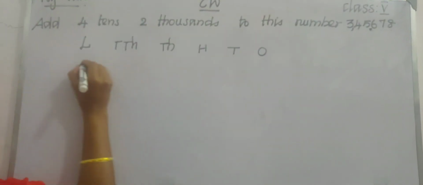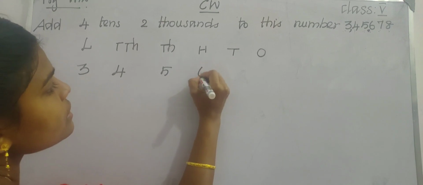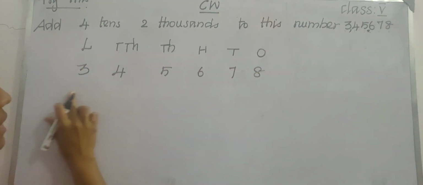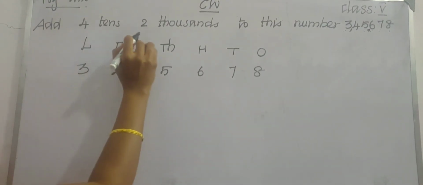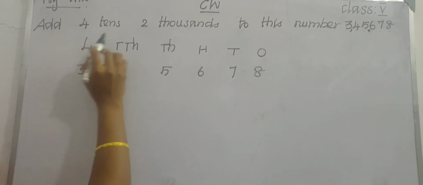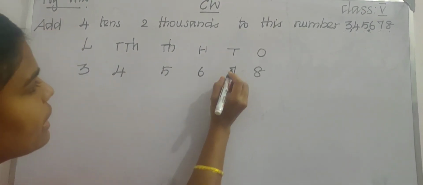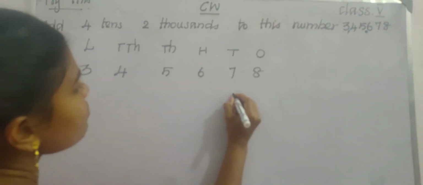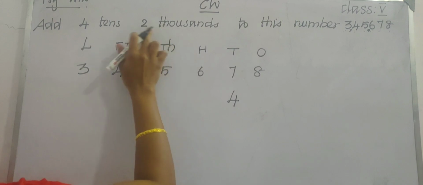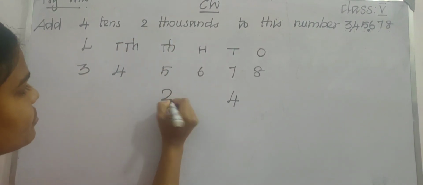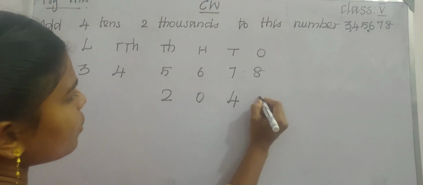So 3, 4, 5, 6, 7 and 8. Okay, children. So this is the number, right? So with this we are going to add 4 tens and 2 thousands. We need to add 4 tens in the tens place. Here it is tens place, right? So that we need to put 4 and 2 thousands. 2 thousands we need to write here. So for all the other places we need to include 0 and 0.